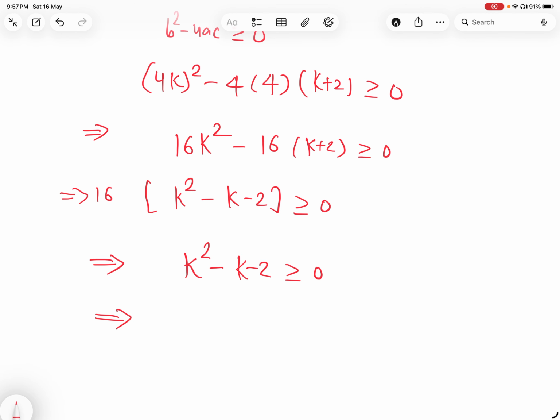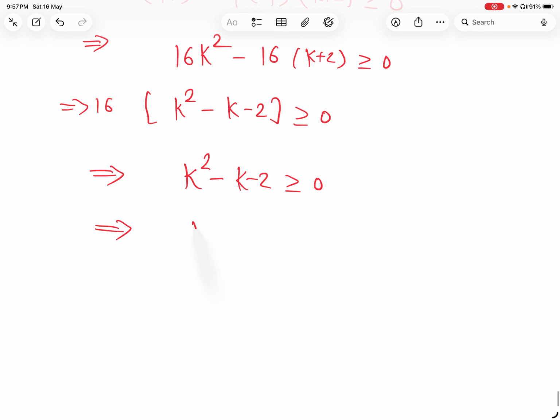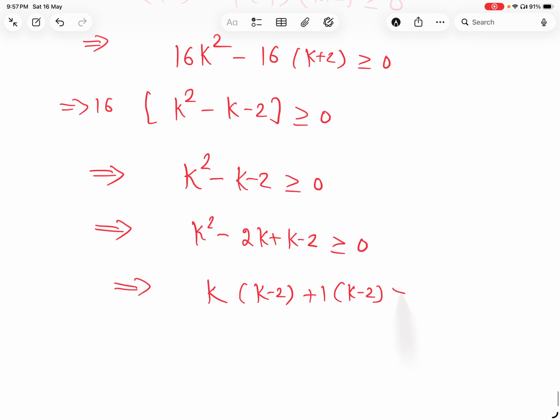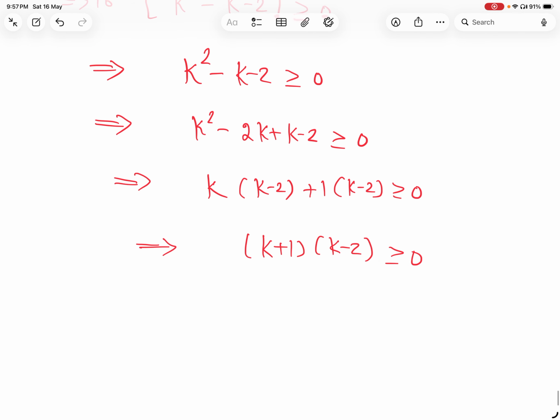Now we need to factorize this. This will be k² minus 2k plus k minus 2, so k(k minus 2) plus 1(k minus 2). So this is (k plus 1)(k minus 2).